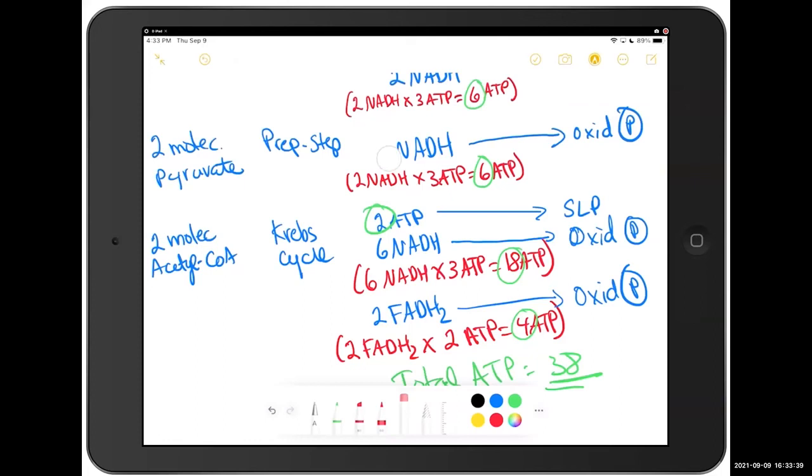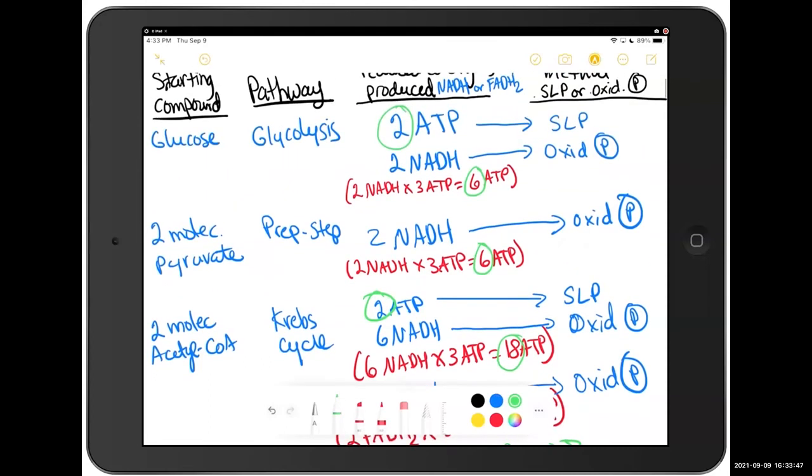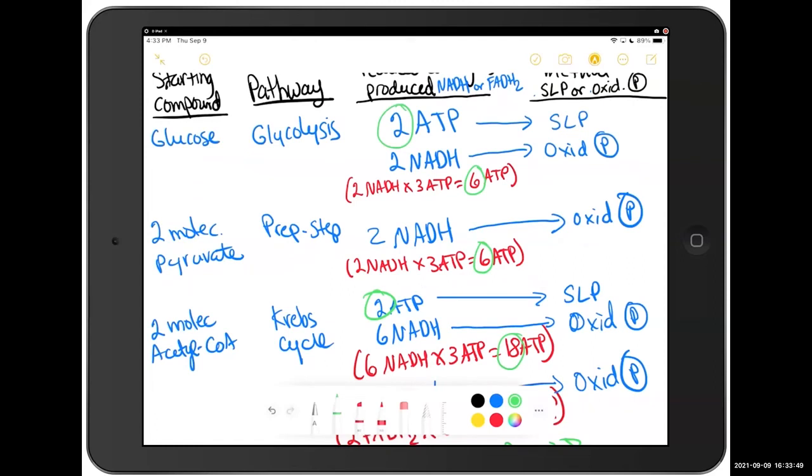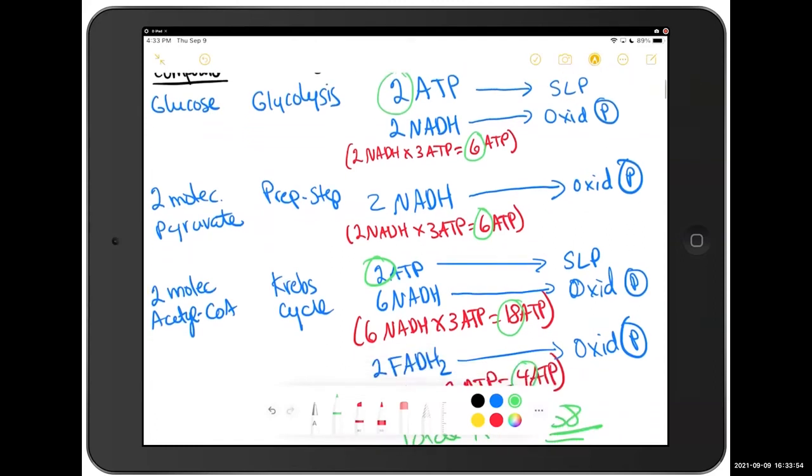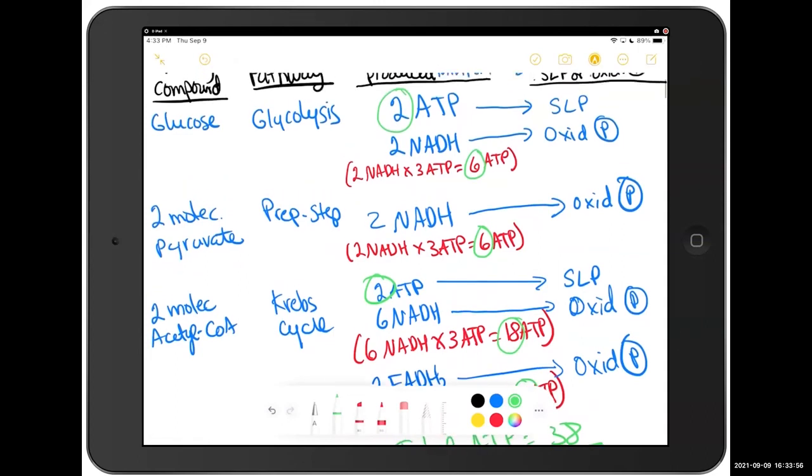The prep step. Not good. There we go. Am I correct now? Shall we do it again? 2 plus 6 is 8. Oh, that's what I was doing. I was saying 10.